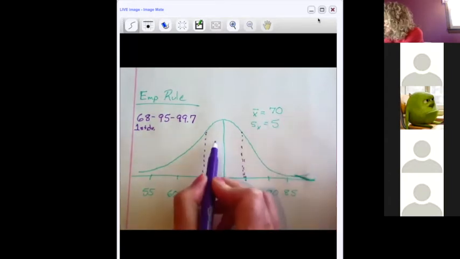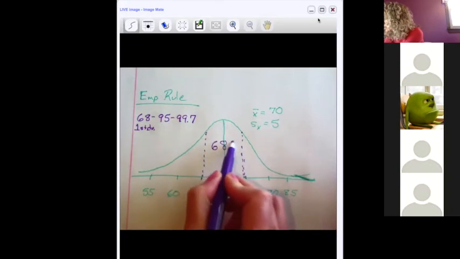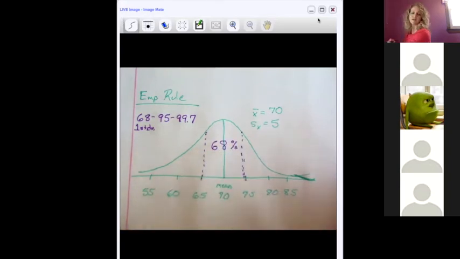So 68% of all of my values would fall between 65 and 75. If I said, what percent of the outcomes fall in the range 65 to 75, I would say 68%.